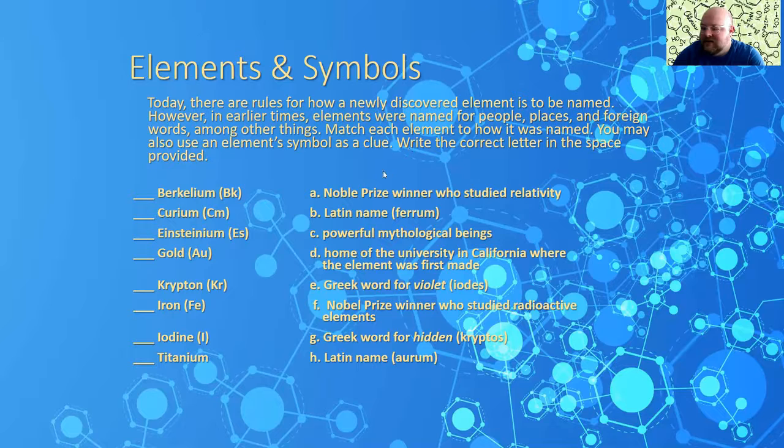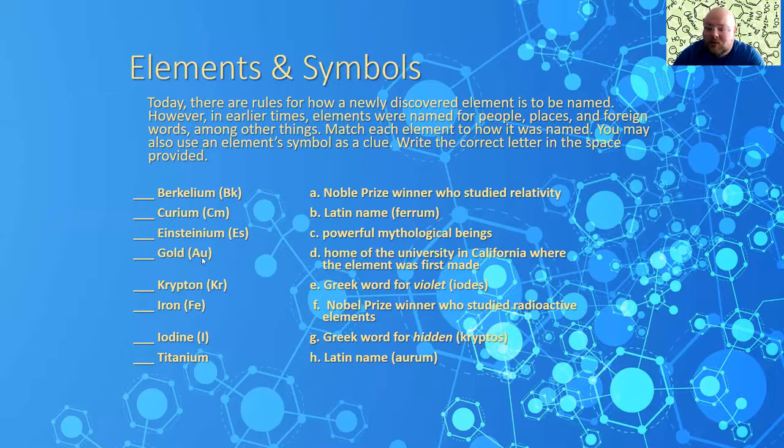This is, let's see, the Nobel Prize winner who studied radioactive elements, Marie Curie. So it's named after her. Curium is named after Marie Curie. So that would be F. Einsteinium, Es. This would be the Nobel Prize winner who studied relativity, Albert Einstein. So that would be A.